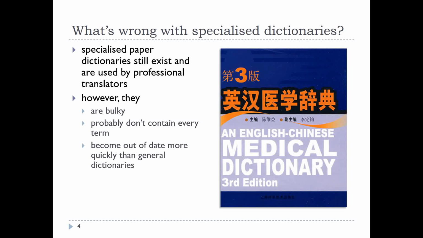Finally, specialist language tends to change and develop much more quickly than general language, so you may well find that a paper dictionary will date much more quickly than a general one.